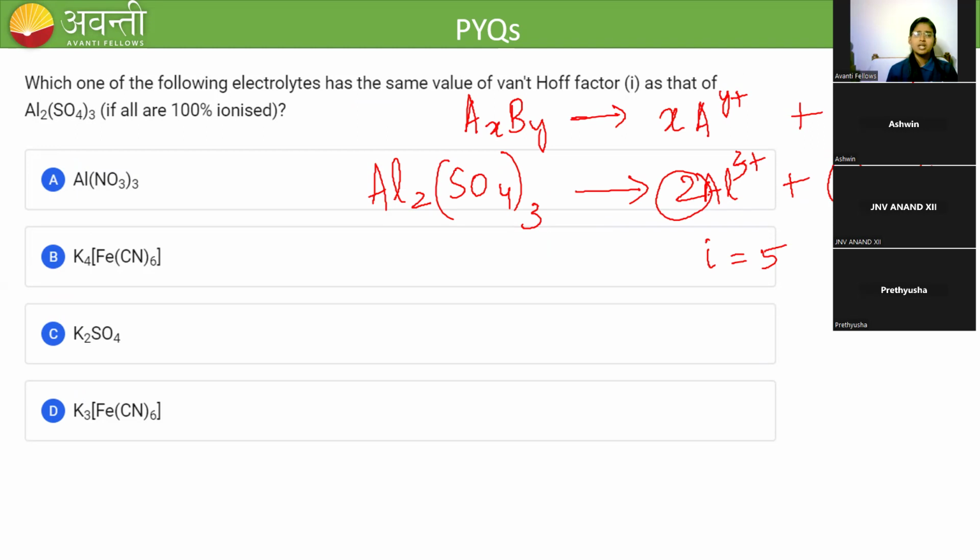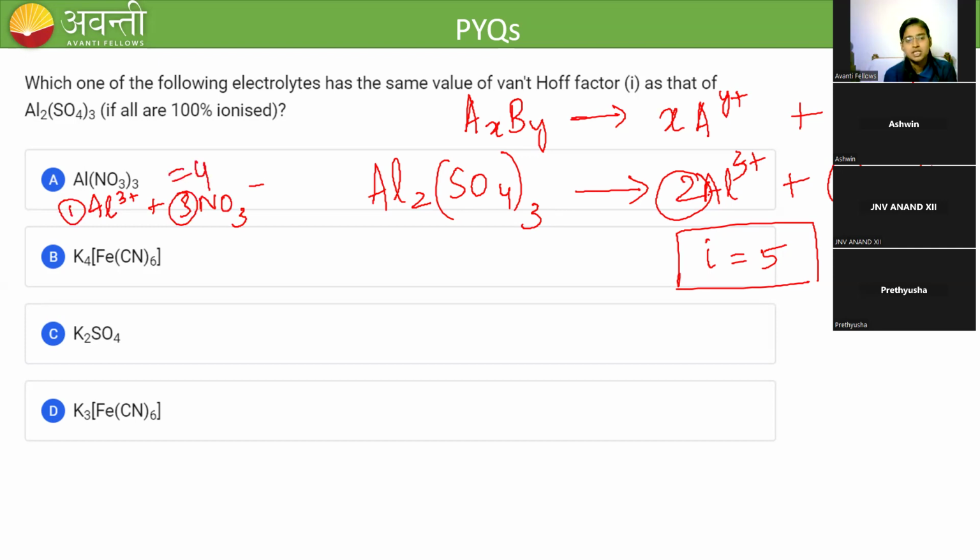Now we have to check the given options for which has i value 5. So what is the i value for option A? We have 1 aluminium and 3 NO3. So it is Al3+ and 3 NO3-. So it is 1 plus 3. Here we are getting 4. No, that cannot be the answer.